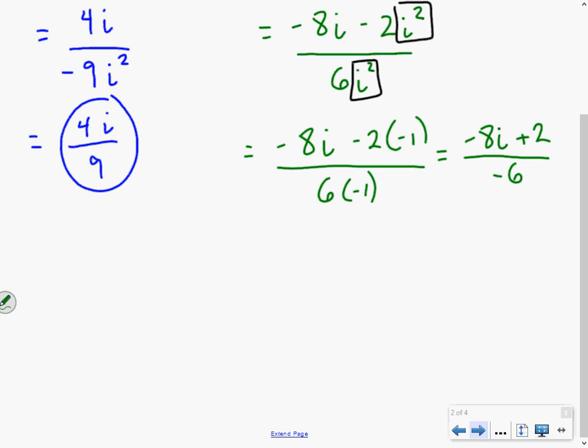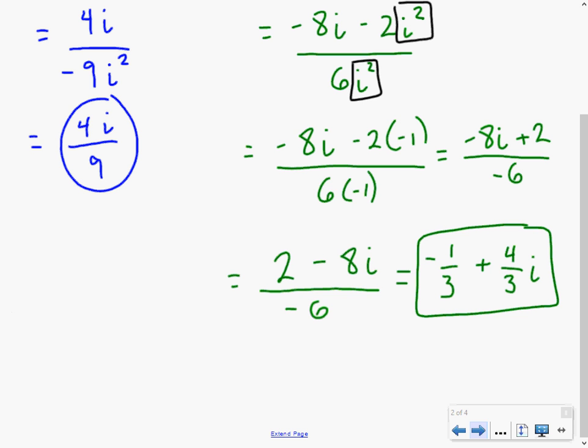I'm going to reorder the numerator here so that it's 2 minus 8i divided by -6. And then I'm going to divide each term in the numerator by -6. So 2 divided by -6, I can reduce that to -1/3. -8i divided by -6 would turn into plus 4/3 i.